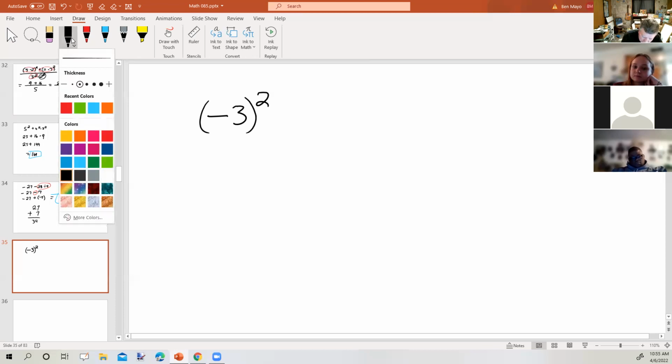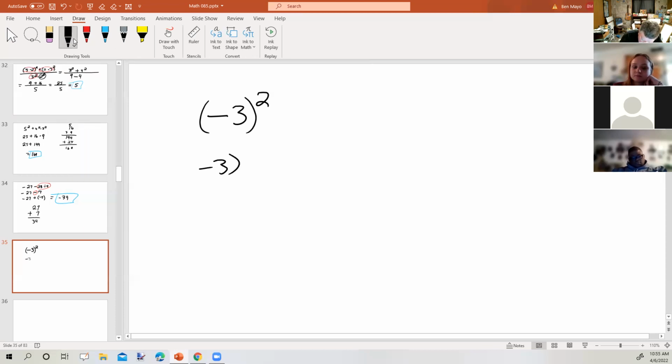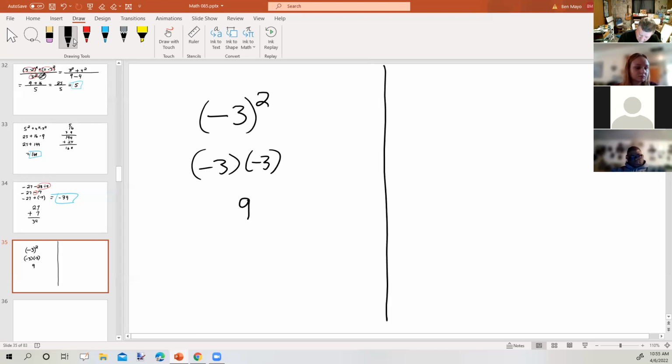So the way to interpret this is that I have 2 factors of negative 3. Negative times negative is positive. So this would be positive 9. Okay. This one, usually everybody gets right. It's the second one that gives people problems.